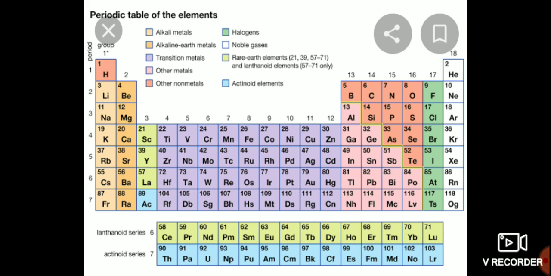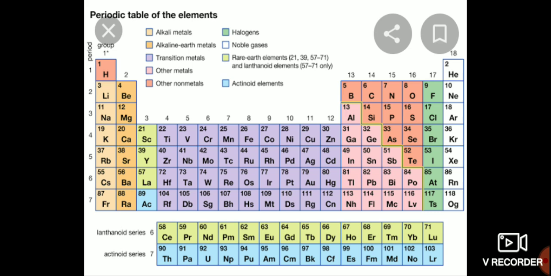Then 11 and 12 are metals, sodium and magnesium. Then 13th to 18th are metals and non-metals: aluminium Al, silicon Si, phosphorus P, sulfur S, chlorine Cl, then argon Ar.